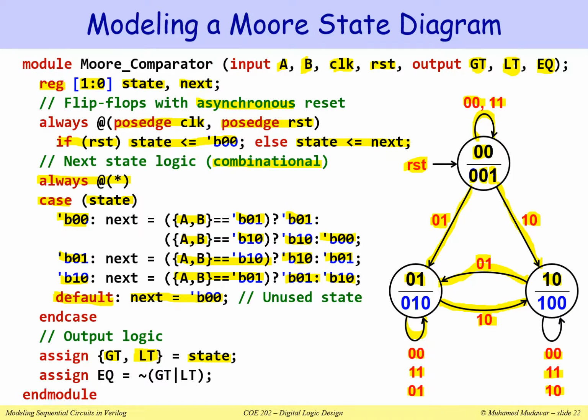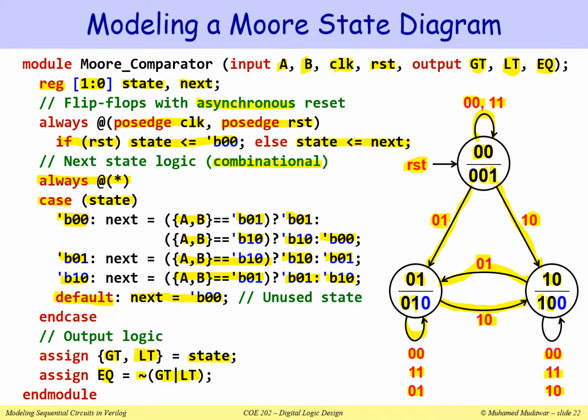If I am in state 0, 1, then greater than will be 0 and less than will be 1. If I am in state 1, 0, greater than will be 1 and less than will be 0. The third bit is for equality. Equality means that you are not greater than or less than, so we can just use a NOR gate.